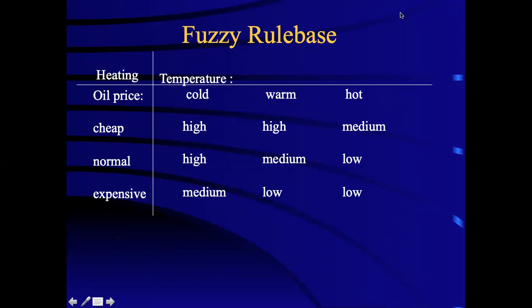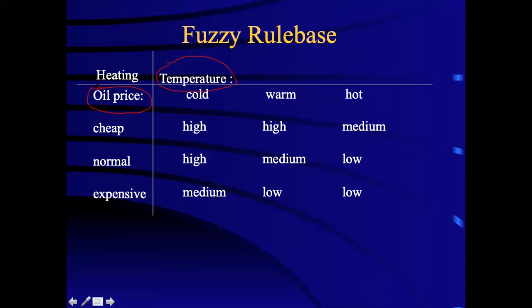So now here is a fuzzy relation that is present. Again, a fuzzy relation associated with different linguistic variables. So you have temperature and oil prices. Between temperature and oil prices, a fuzzy relation exists, okay.